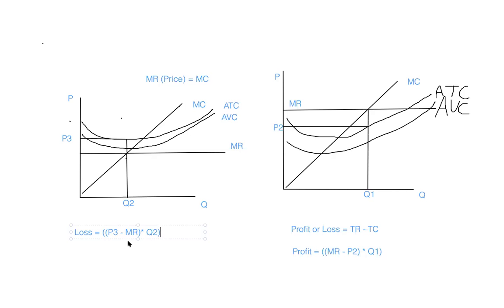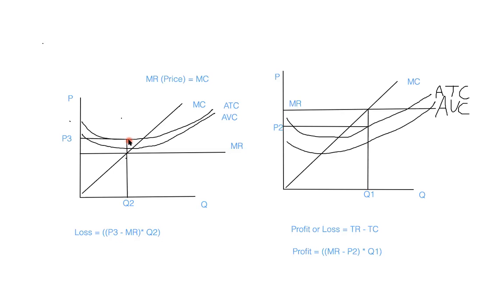Excellent. Well, I think we have taken a look at the losses and profits for both graphs, and importantly noting that the intersection point between the MC and MR curve on both graphs is always how we determine if a firm is making a profit or loss. And specifically, to determine if a firm is making a profit or loss, we look at the intersection of the MR and MC and look at that in relation to the average total cost curve.